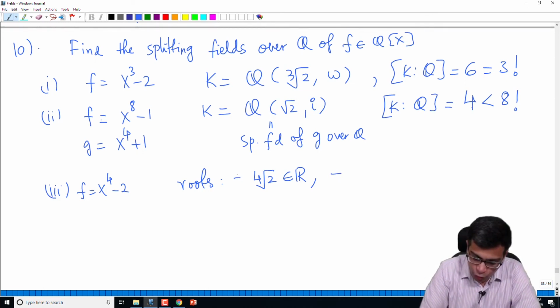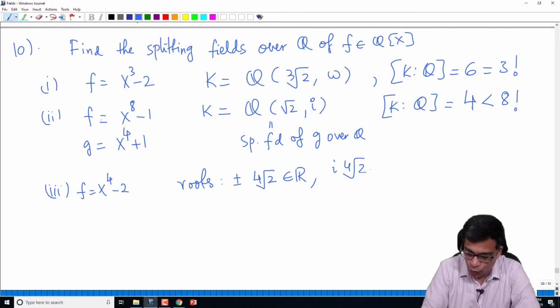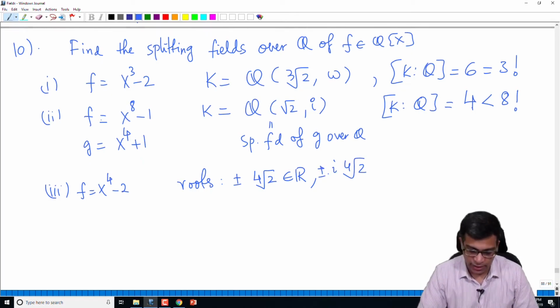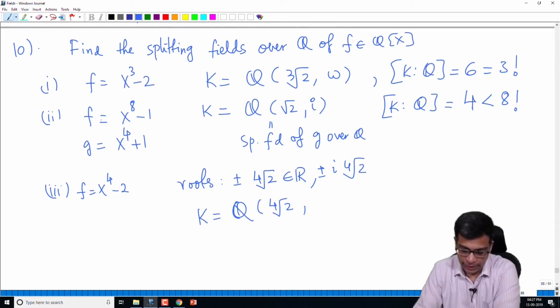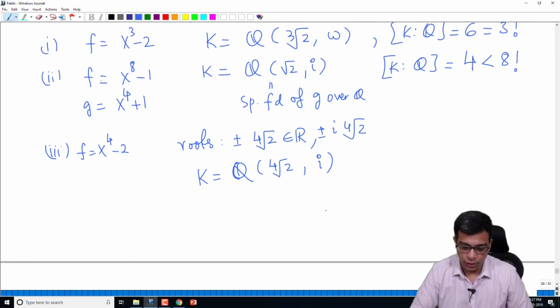So plus and minus the fourth root of 2 are there, 2 real roots, and then i times the fourth root of 2, plus and minus, are the 4 roots. And you clearly see that if you adjoin the fourth root of 2 and i, you get your splitting field.